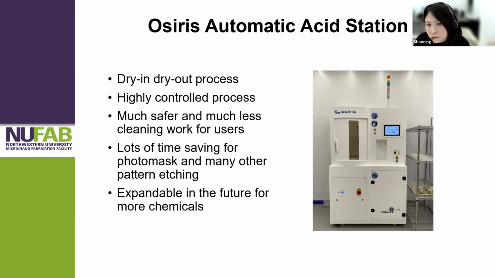Current users know how painful it is to handle all those acids, and how much they don't want to do the cleaning afterwards. So this is the bonus. This is also the same as the equipment Serkan just talked about. It is all dry in, dry out. You don't have to handle any liquid. Bring your samples or photomask and just throw them inside this machine, and the machine does everything for you.